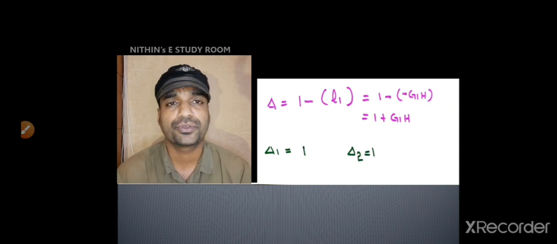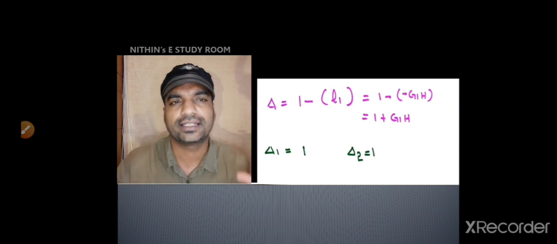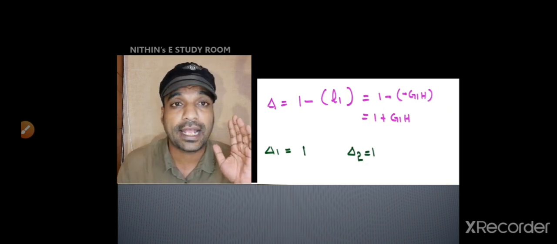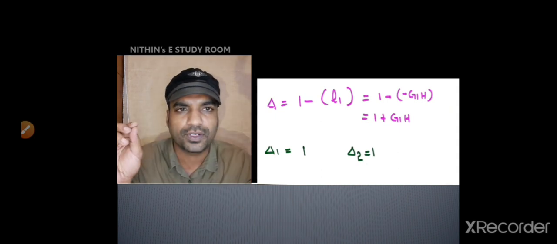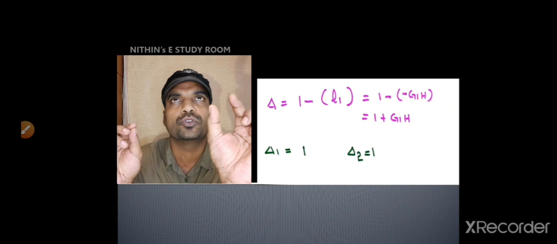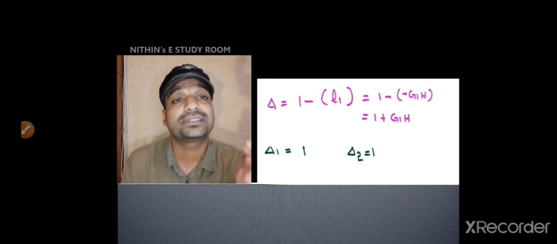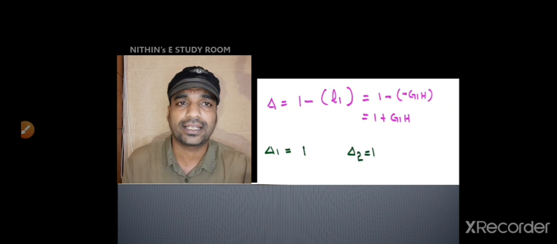Before going to delta 1 and delta 2, first you should clearly visualize what the delta equation is, where the loops are standing, and whether the loops are touching the forward paths or not. While analyzing delta 1, you have to memorize only the first forward path, whichever loops are there, and whether the loops are touching the path or not. If a loop is simply touching the path, you can give those loops the value 0 in the delta equation.